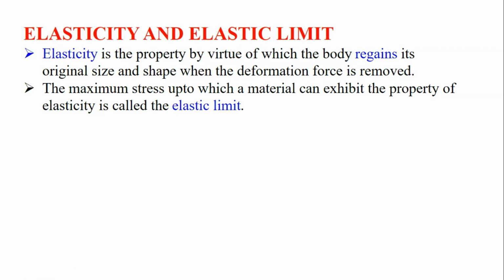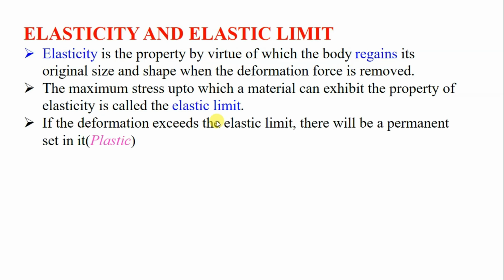If the deformation exceeds this limit, that is the elastic limit, there will be a permanent set in it. So we call it the plastic stage. That is, the body retains its original shape. Here you have to understand the difference between regain and retain. Regain is getting back to original position, retaining is set in that position, it will not get back to its original position.